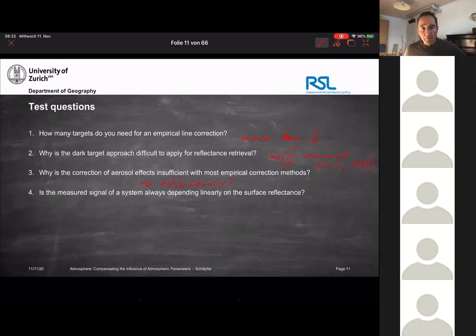Is the measured signal of a system always depending linearly on the surface reflectance? One would assume that, but if you got DN and the reflectance, it's going up linearly, and at some point it starts to get saturating.